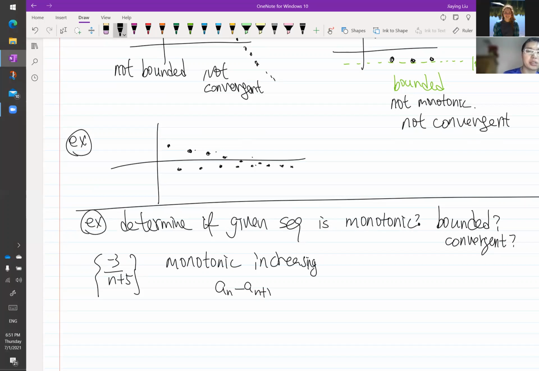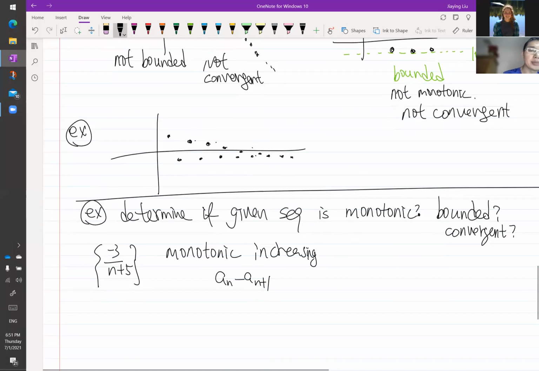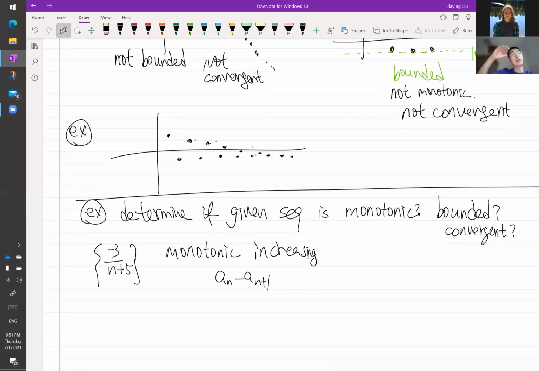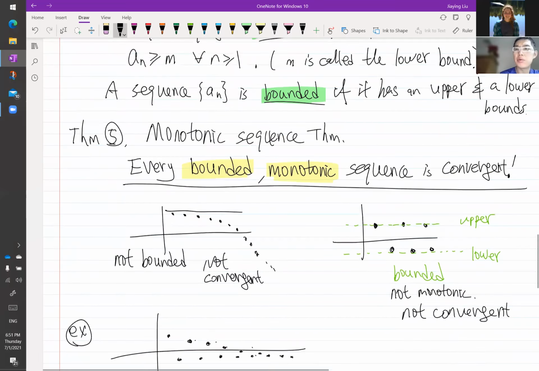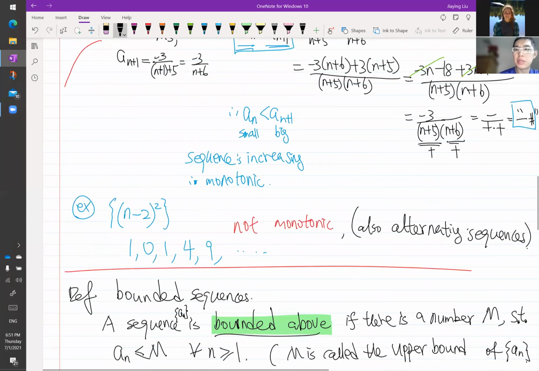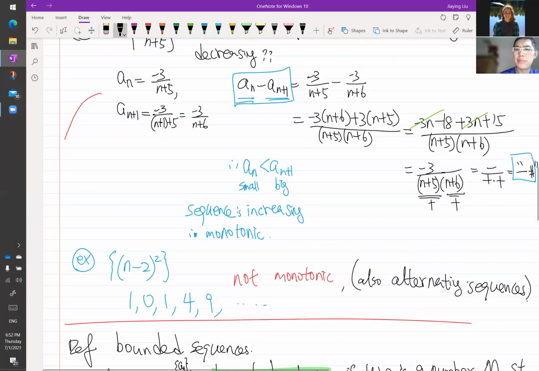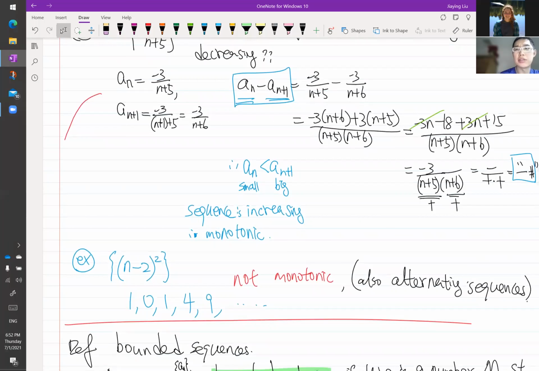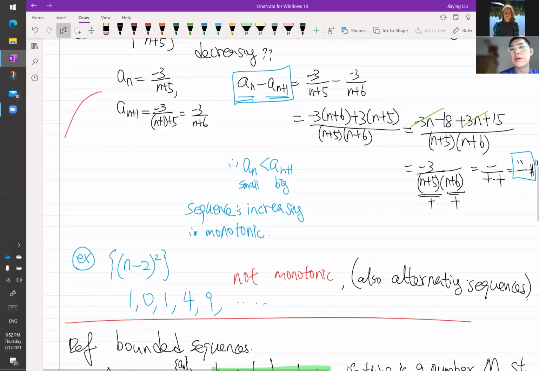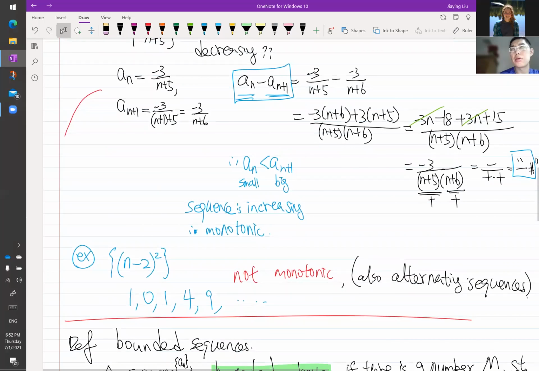We showed that the sequence is monotonic and increasing, which means the value will always get bigger each time, right? Now, is this bounded? Wait, let me double check. I hope I didn't screw up on this. -3.